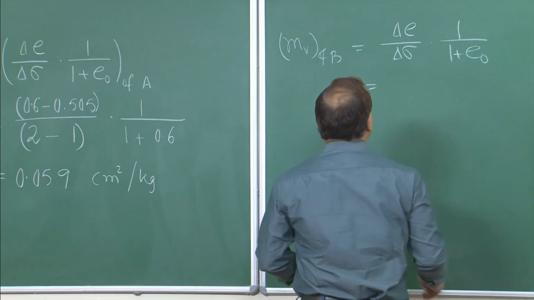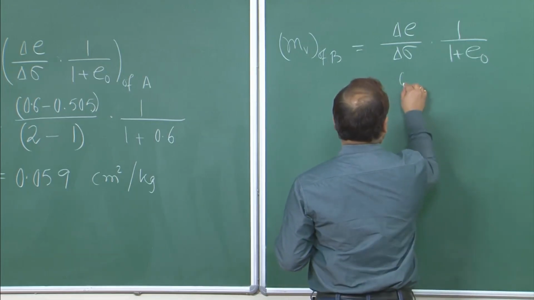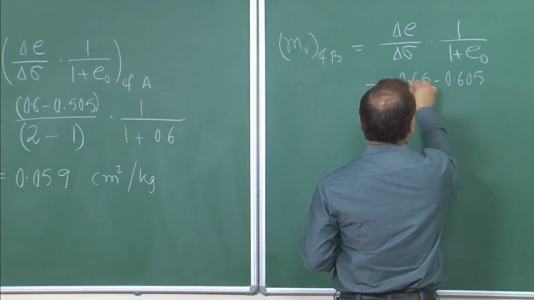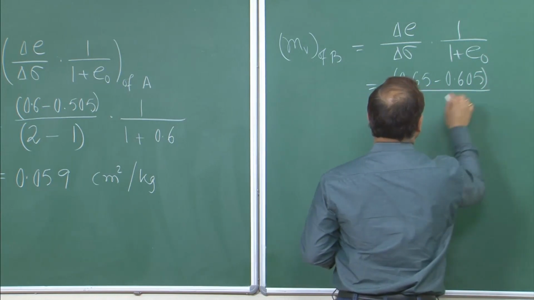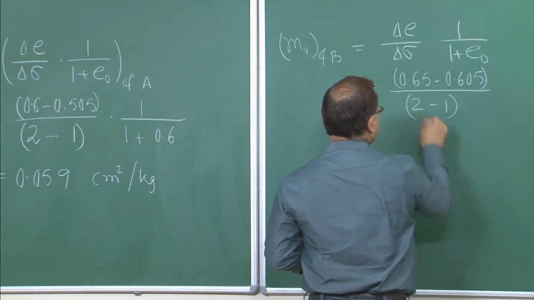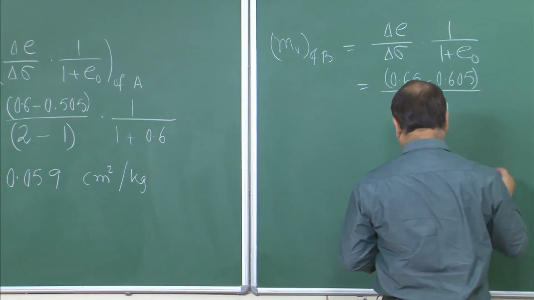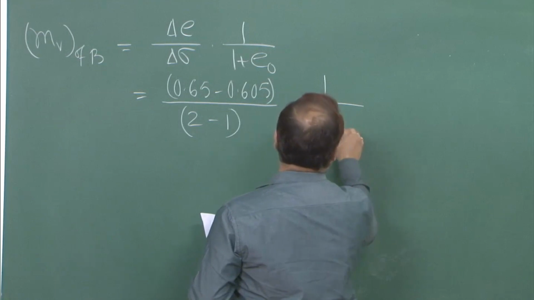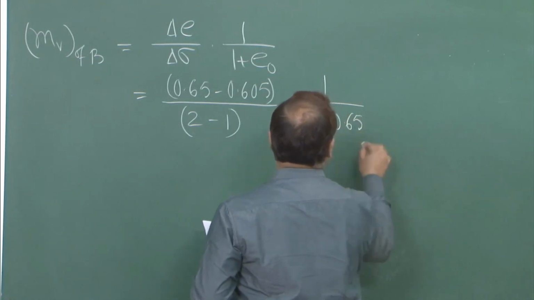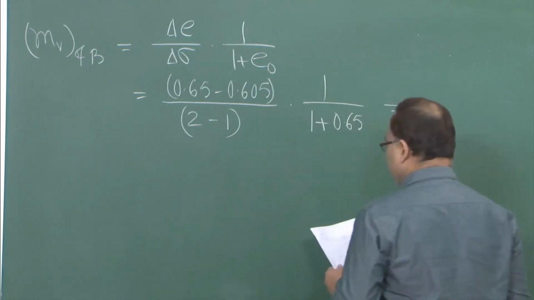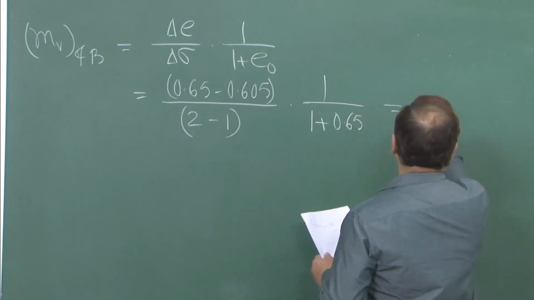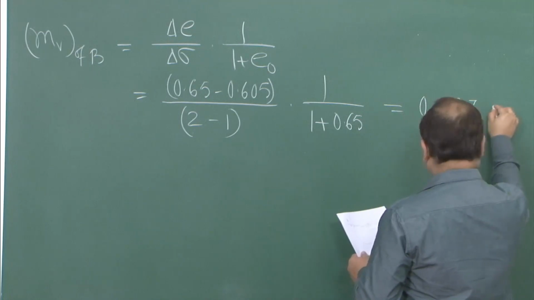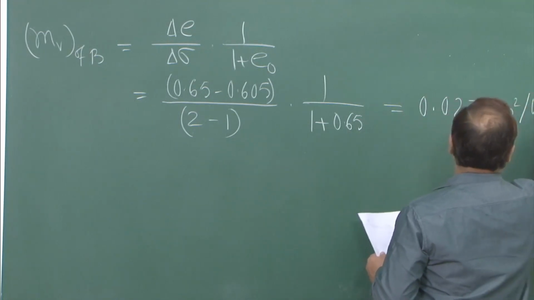So, delta E is equal to 0.65 minus 0.605, divided by the same increment of pressure for sample B also, into 1 plus E naught, where E naught is 0.65. If you calculate these values, you will get 0.027 centimeter square per kg.